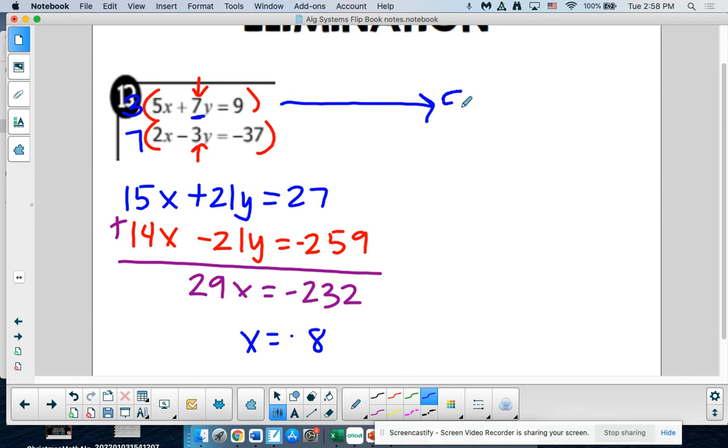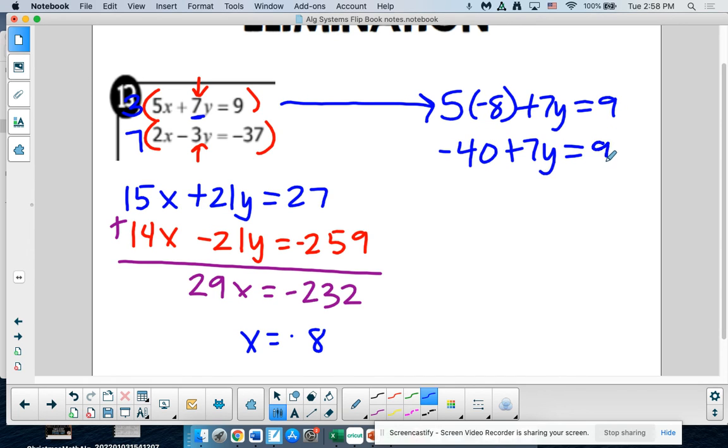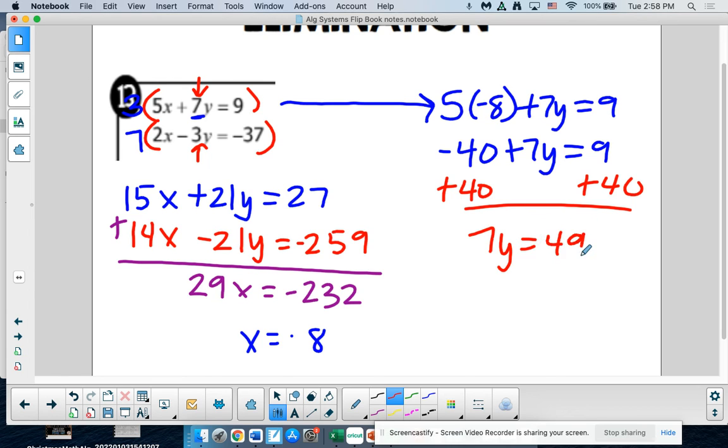Doesn't matter. 5 times negative 8 plus 7y is equal to 9. 5 times negative 8 is negative 40. Add over that 40. 7y is equal to 49. Divide out. So here we have our answer of negative 8, 7.